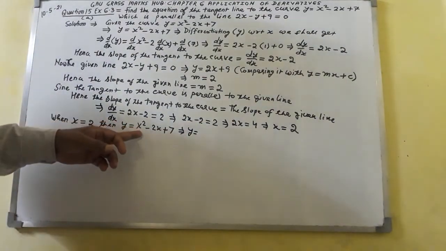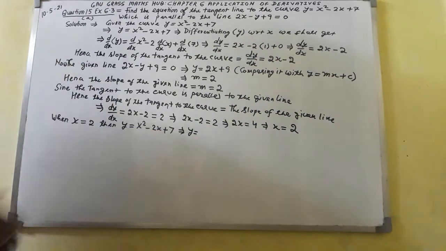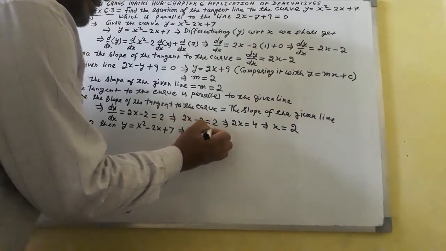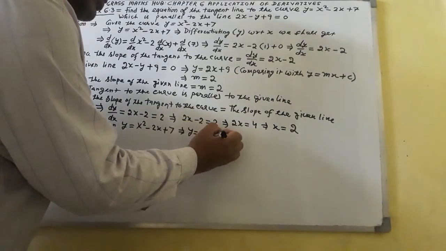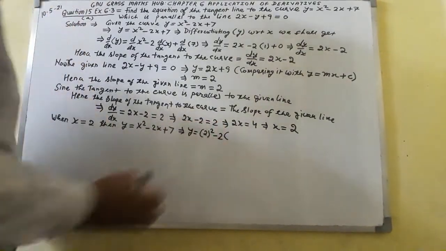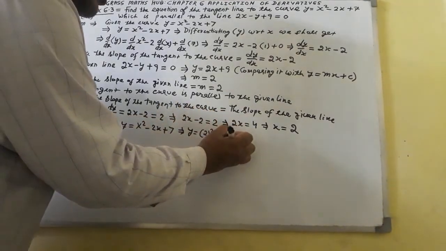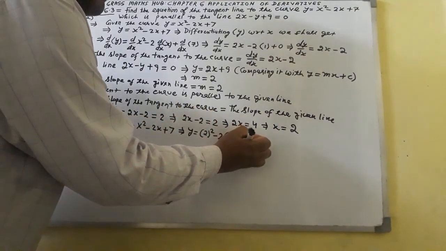So in place of x I shall write 2, so 2 square comes out to be 2 whole square minus 2, in bracket in place of x I shall write 2, plus 7.